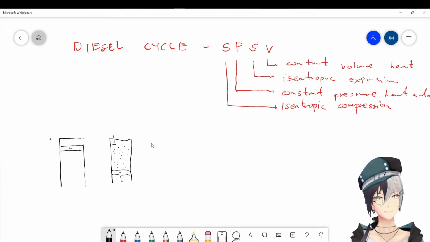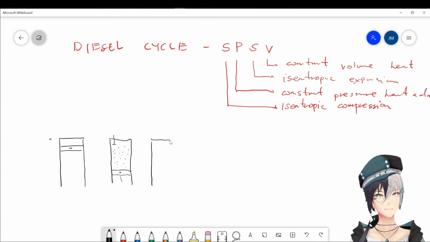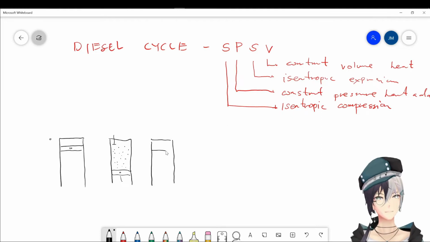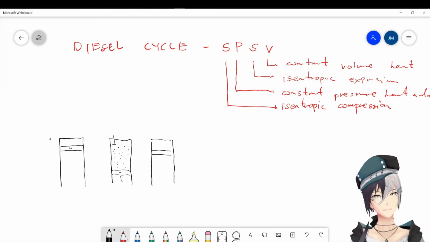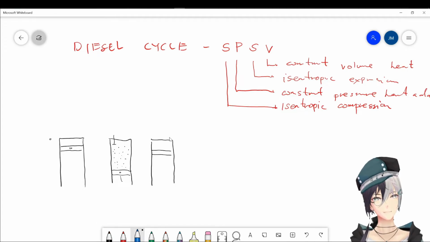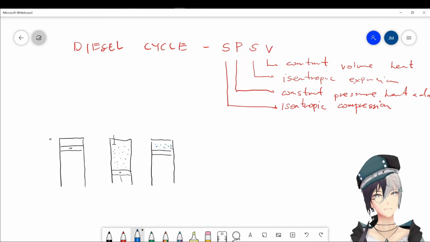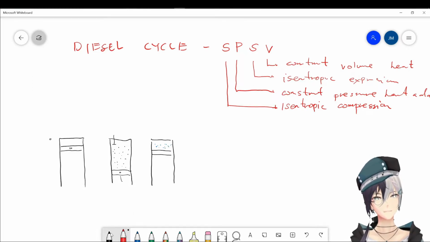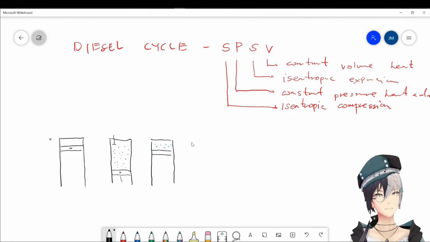And then you now have your compression stroke. Okay, so the valves are closed. So air is now compressed and it is now hot.